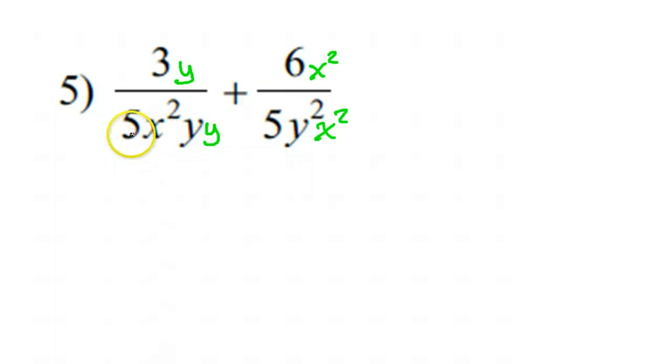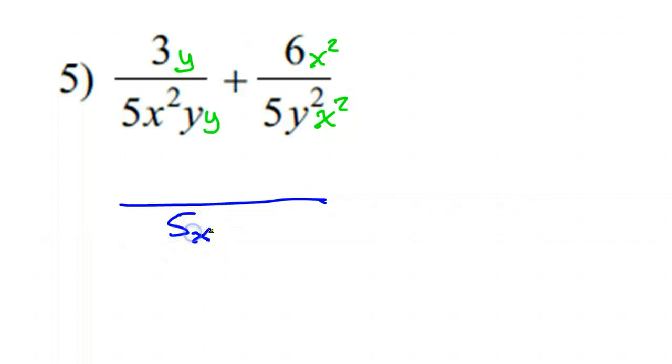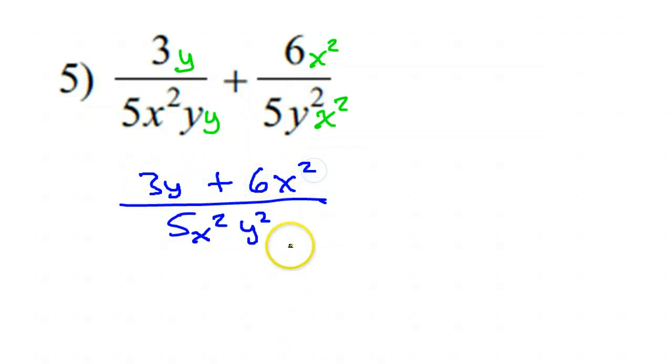Now both sides have 5x squared y squared. That is my common denominator. In the numerator, I have 3y plus 6x squared.